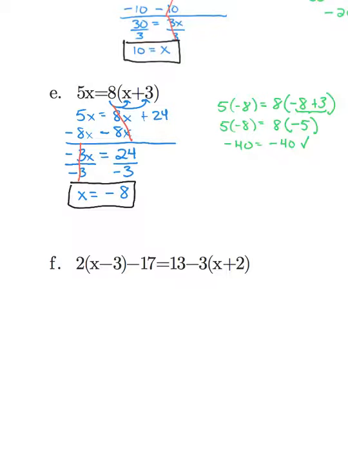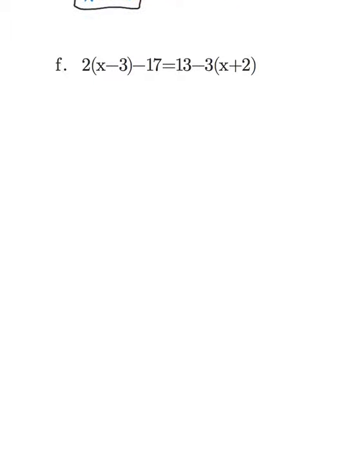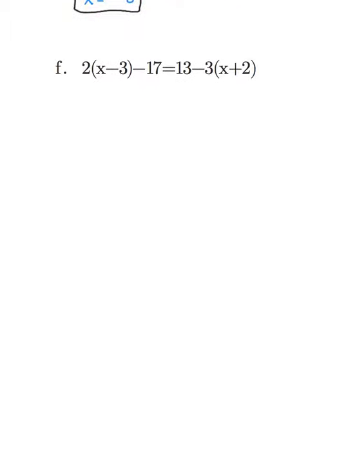All right, so we have one more example to look at here. Let's look at example F. Example F, this is going to involve all of the steps that we've talked about so far. So the first thing I need to do is distribute and clear my parentheses.